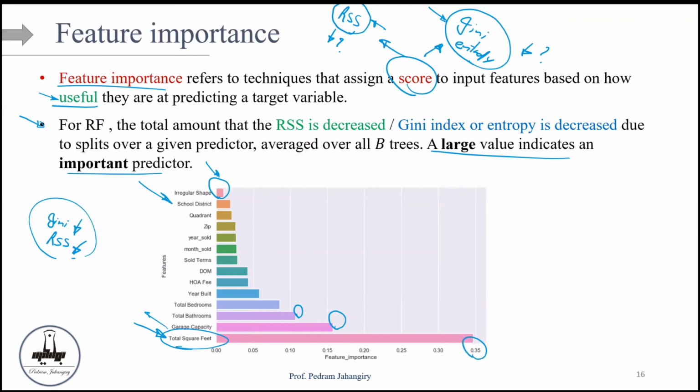This number is going to change based on the units of the variables, of the target variable, and whether it is classification versus regression. So we cannot interpret this number in terms of magnitude, but we can simply rank the features, right? We can say that total square feet is more important than the zip code, than the year sold, etc. But we cannot say anything about this quantity itself. It's not interpretable. Okay, so that's pretty much it.